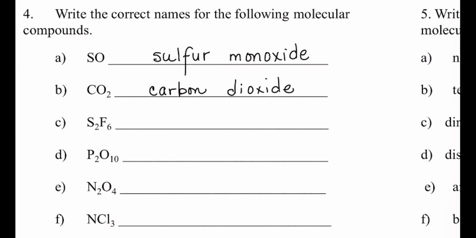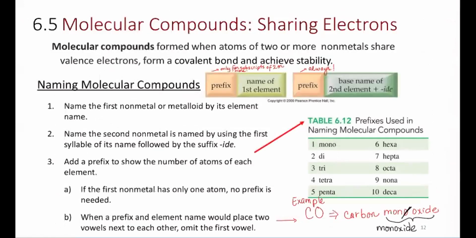Remember, that deletion of the vowel is only if they are the same vowel, meaning O and O. We also do it for O and A, okay? So here we have I and O. We keep the I, we keep the O. So this is carbon dioxide. So let me just write that note because I don't want students to be dropping the vowels here.